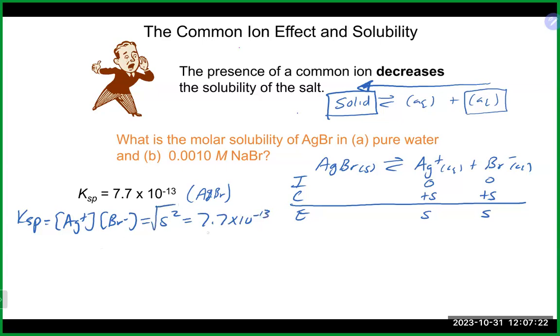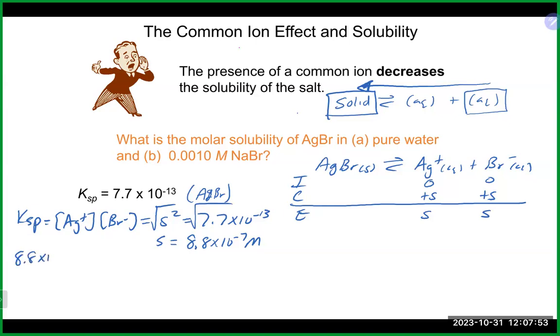We're going to do a little square root action on both sides there. And that's going to give us a molar solubility of 8.8 times 10 to the minus 7 molar for our silver bromide. So the solubility of silver bromide is 8.8 times 10 to the minus 7 molar.